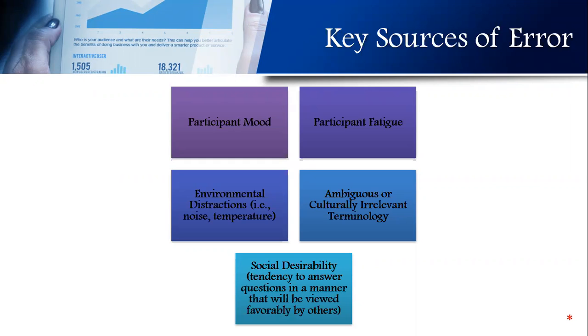They include a participant or respondent's mood, a participant or respondent's fatigue, environmental distractions such as noise and temperature of the room, ambiguous or culturally irrelevant terminology, and social desirability, which is known as the tendency to answer questions in a survey in a manner that will be viewed favorably by others. These are some of the more common factors that can contribute to errors in measurement.